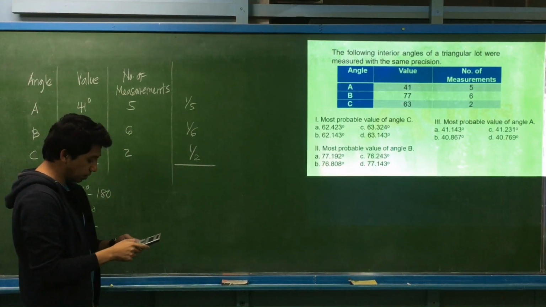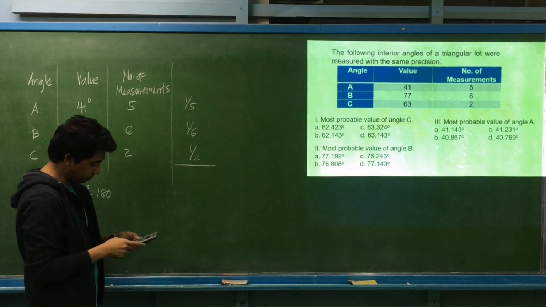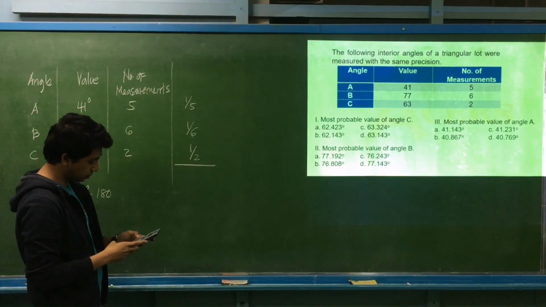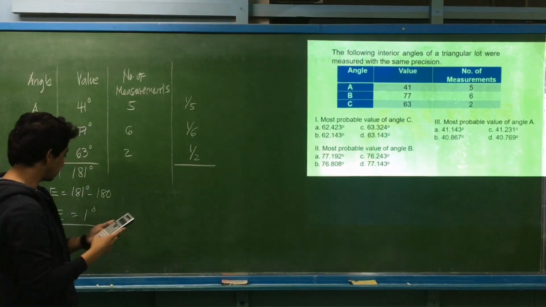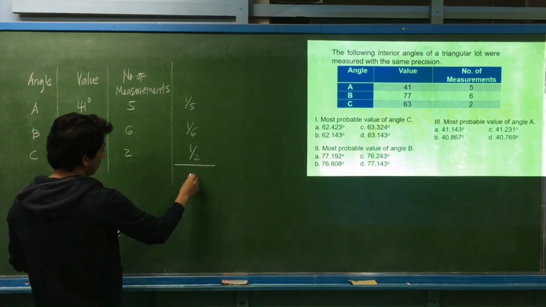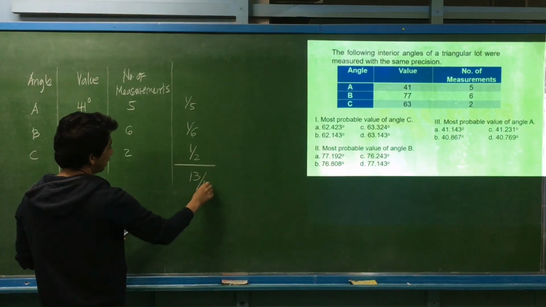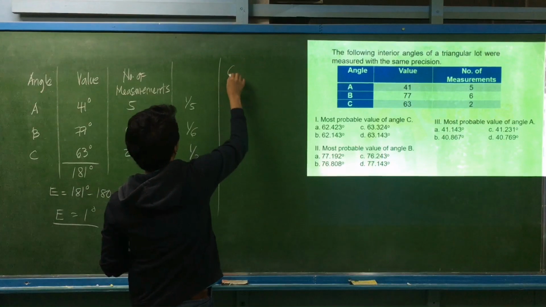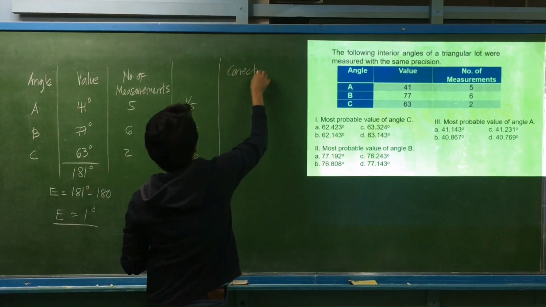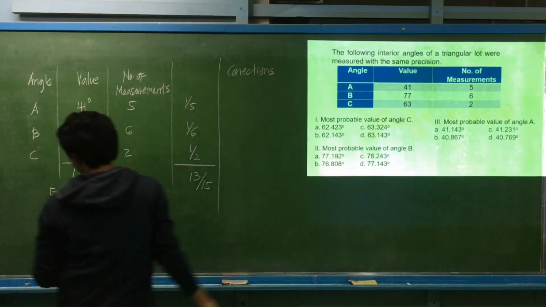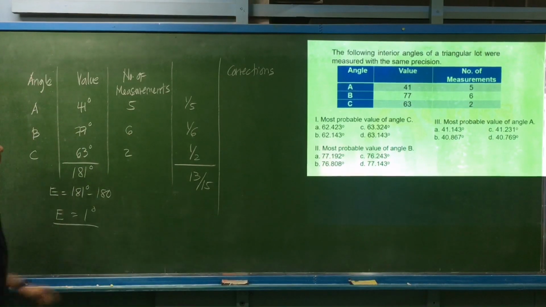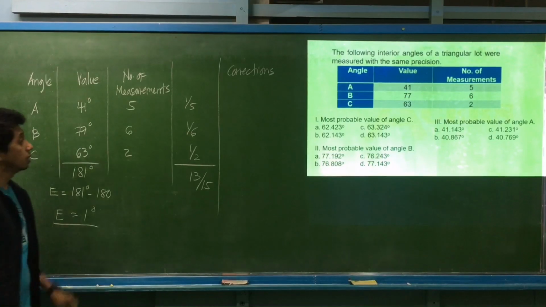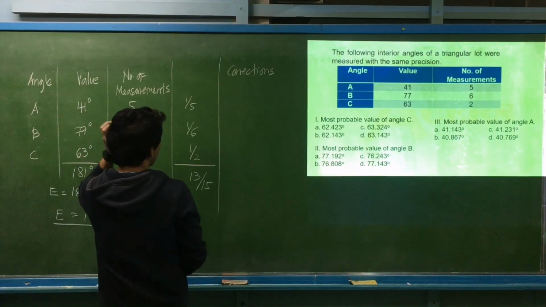Then let's take the summation of the reciprocals: 1/5 plus 1/6 plus 1/2. The summation will be equal to 13/15. So let's get the equivalent corrections. The correction is the reciprocal over the total, multiplied by the error. So what is the correction for A?